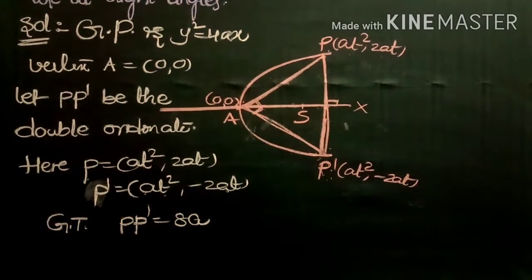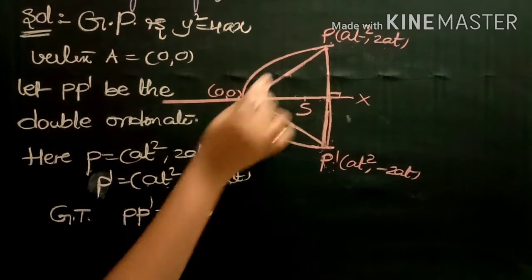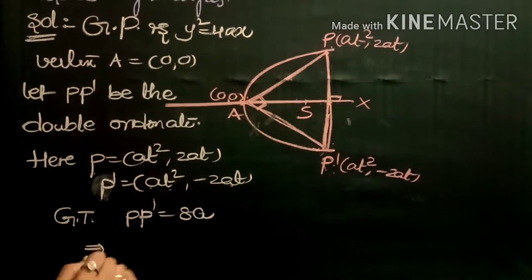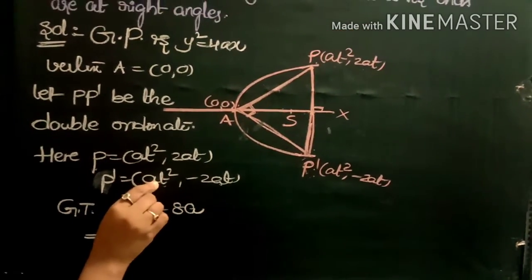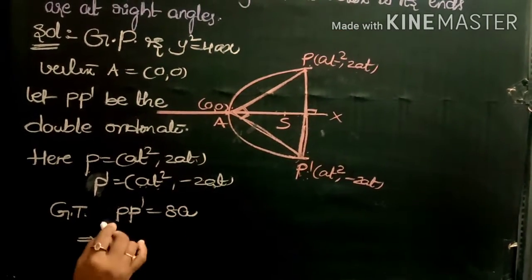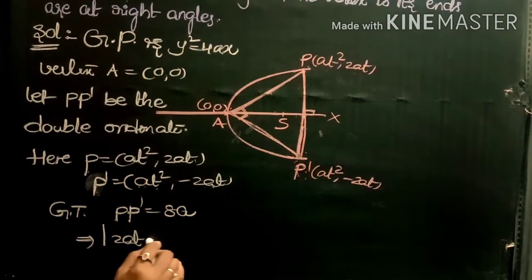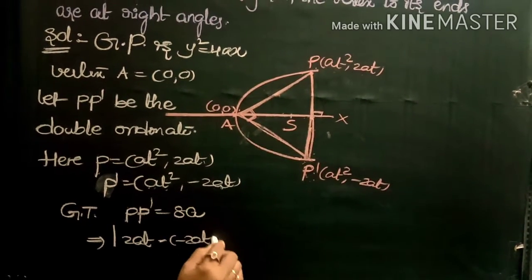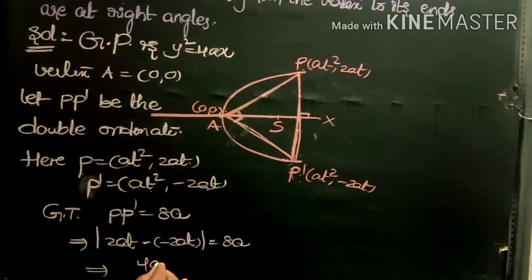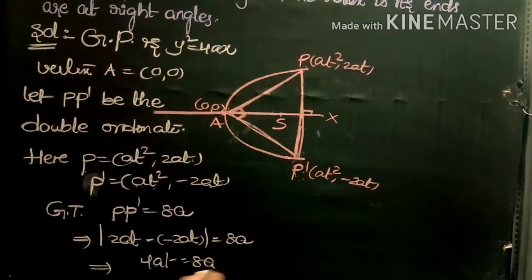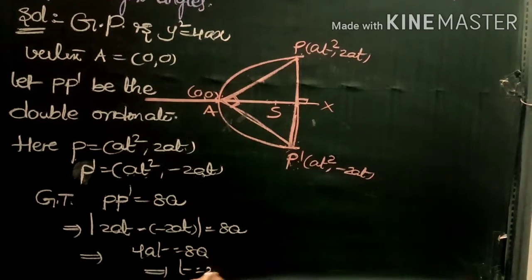Given that the length of the double ordinate is 80, that is PP dash is 80. What is the PP dash value? It is the distance between the two points. Here the x coordinates are equal, so we simply take the difference of the y coordinates, that is modulus of 2at minus (minus 2at) is equal to 80. That is 4at is equal to 80, then the value of t is equal to 2.